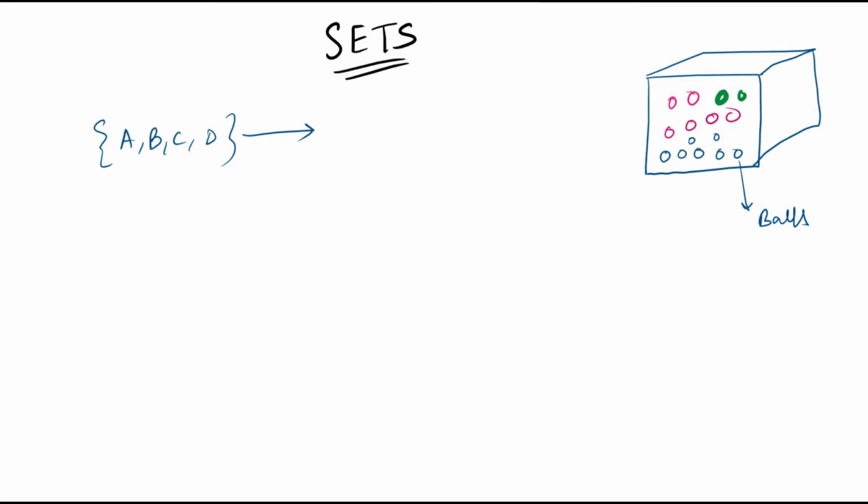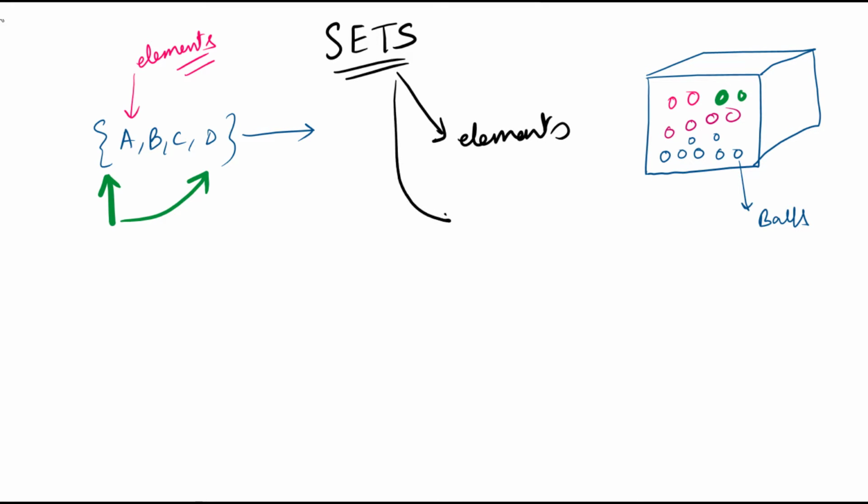Generally sets are written inside curly brackets, and these are known as elements. Let me remind you once again, sets contain elements and they are represented inside curly brackets. There are other ways to represent also, but these two points are to be remembered.